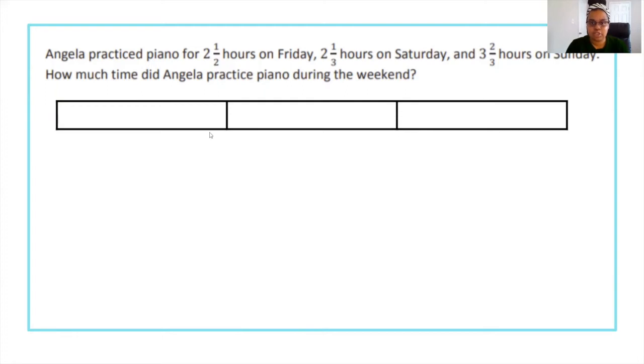So this first section of my bar is going to represent Friday, in which Angela spent 2.5 hours practicing the piano. For the next bar, that's going to represent Saturday, which is 2 1/3. Then your last bar is going to represent Sunday, which is 3 2/3.